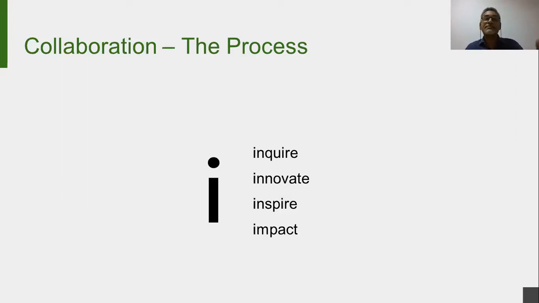So that's what happened in Kerala also. And that has inspired more people from other parts of the country to step in and try out what we have done here in Kerala, in this little state.